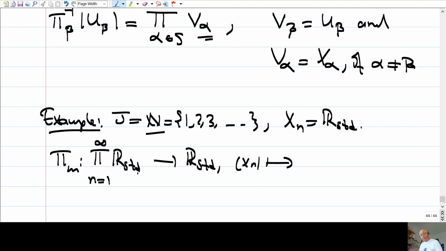Here all these spaces are the same, so I just consider sequences in R, and the mth coordinate function takes a sequence and sends it to its mth coordinate. Okay.